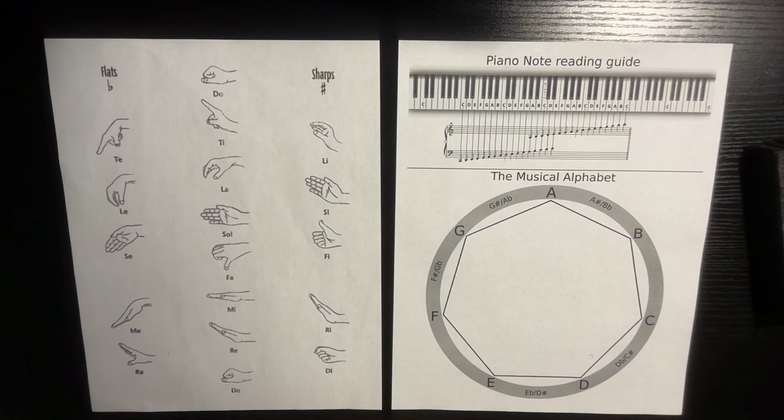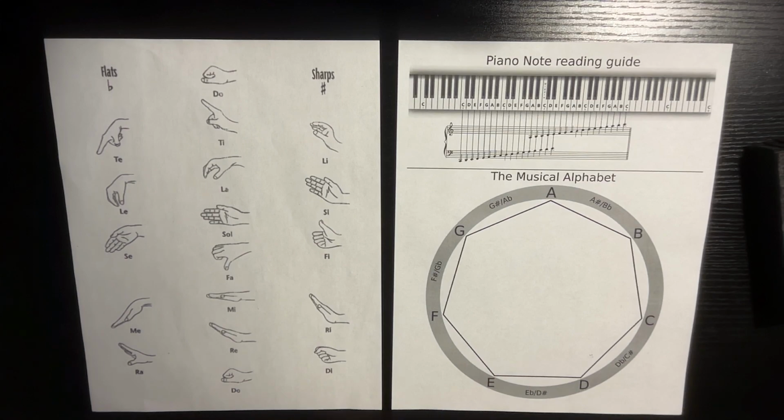But here's a couple of things that I've got that are just helpful to have as you are learning your major scales. I think solfege is probably the most important tool for any musician to have in their back pocket, especially for the major scale.